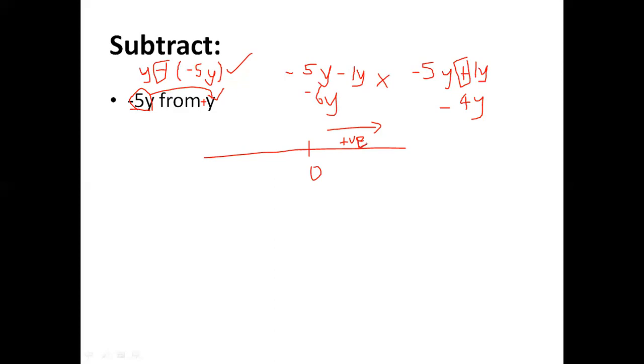Here this will be 1, this will be 2. Now if we see on the left side, we have minus 1, minus 2.